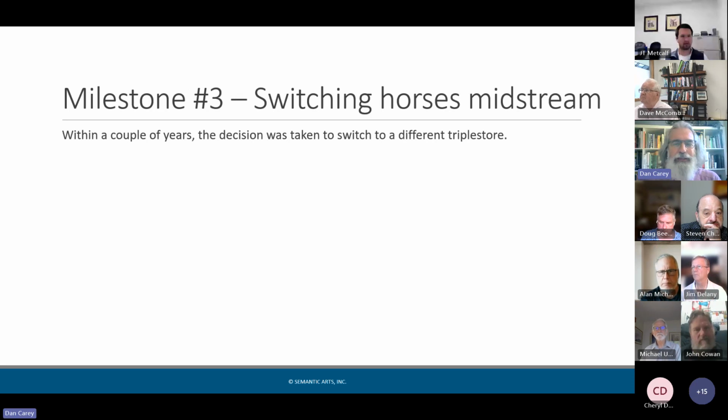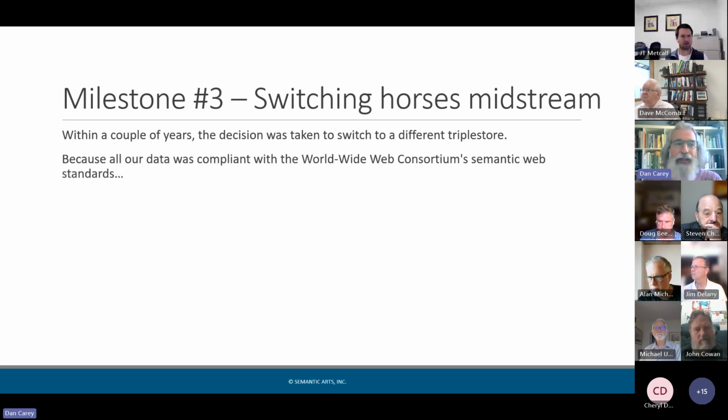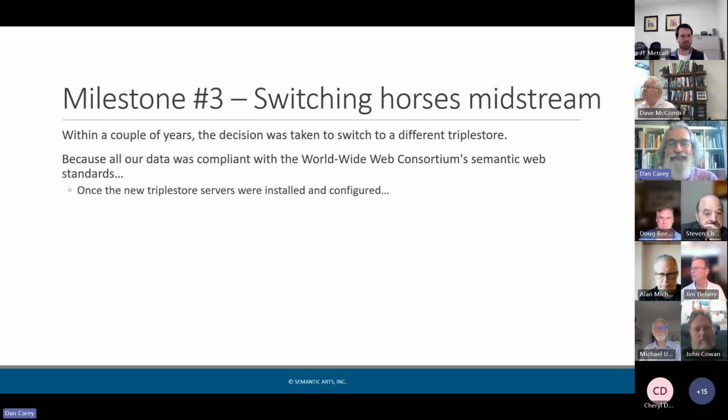Another milestone that we hit a couple of years into the project with Morgan Stanley was their decision to switch to a different triple store. Because everything that we had done to that point was compliant with the W3C's standards, once the new triple store servers were up and installed and configured, that's the heavy lifting part of the whole process, as anyone who's gone through that knows.